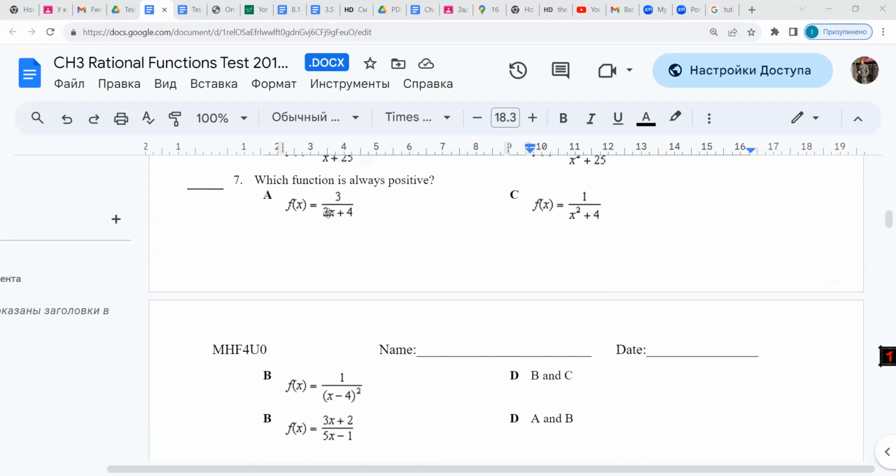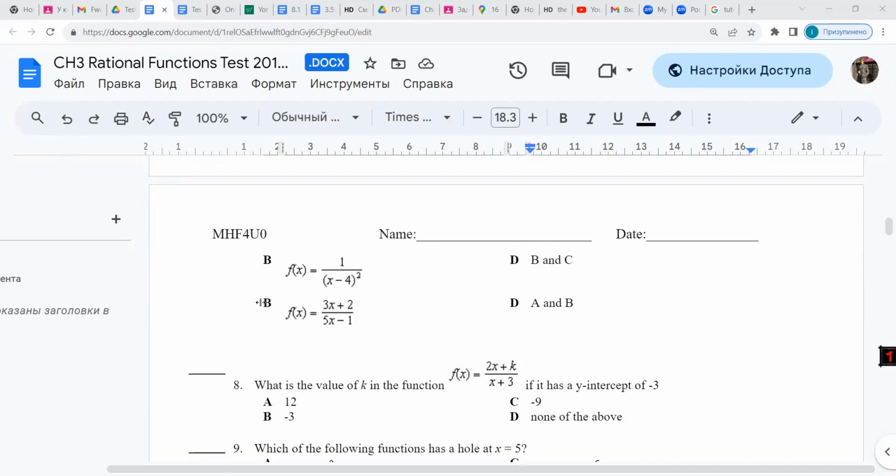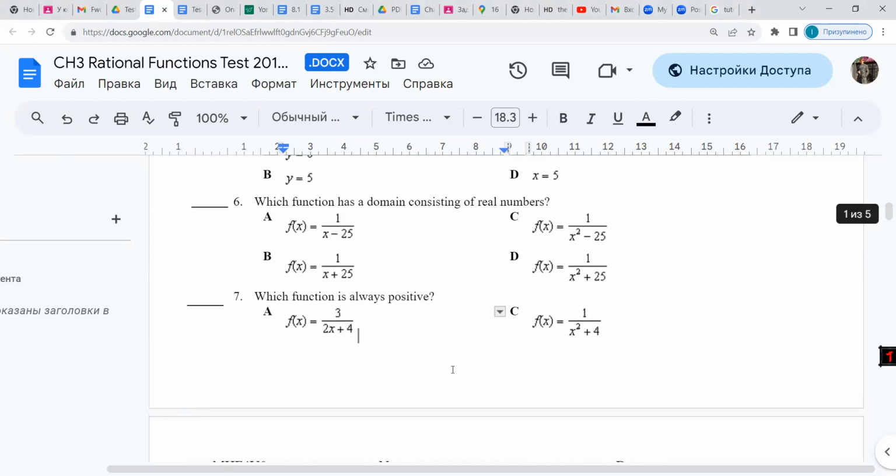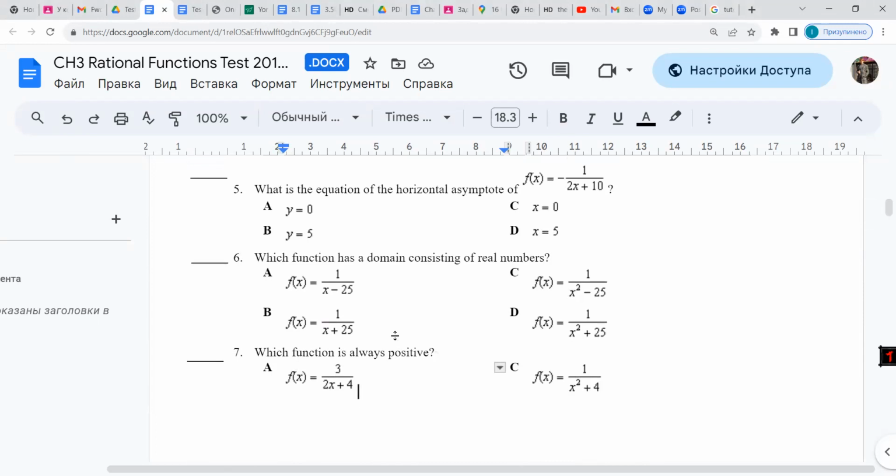Question 7. Which function is always positive? In this one, you can see that you have more choices, but I believe they're kind of misaligned. Okay, whatever.